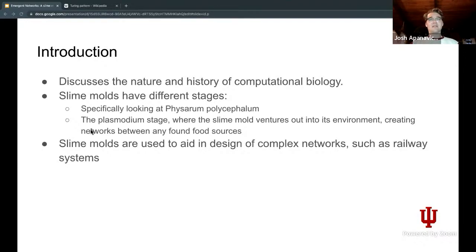The polycephalum has a lot of different stages, but more specifically, he looked at the plasmodium stage, where the slime mold ventures out into the environment to create these networks to find food sources. And then he briefly talks about some applications, for example, comparing a lot of the slime mold networks built to complex human-made systems like railways and stuff like that.